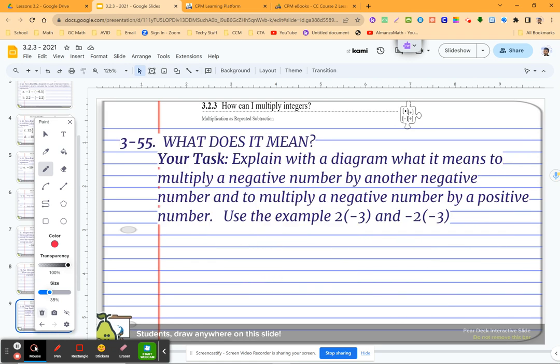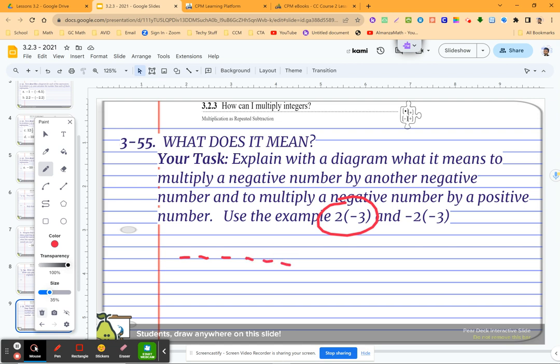So when we look at this slide, explain with a diagram what it means to multiply a negative number by another negative number and to multiply a negative number by a positive number, and use the example 2 times -3 and -2 times -3. One way that you would be able to show it would be we're adding 2 groups of -3 to 0.